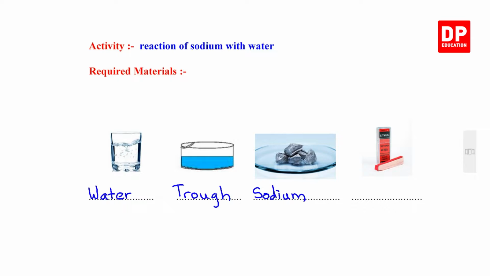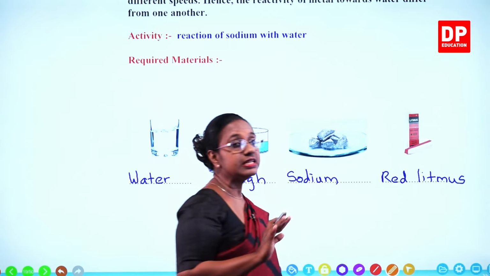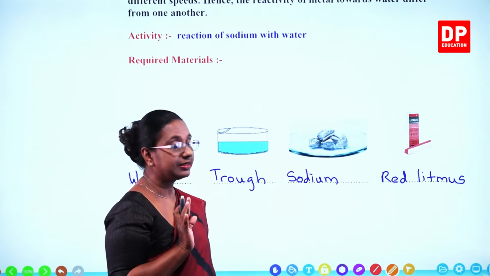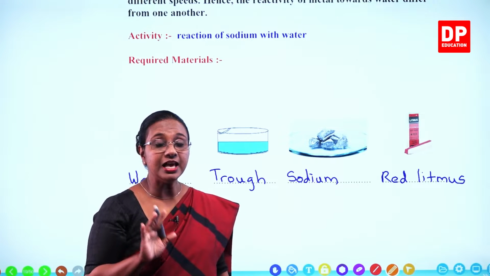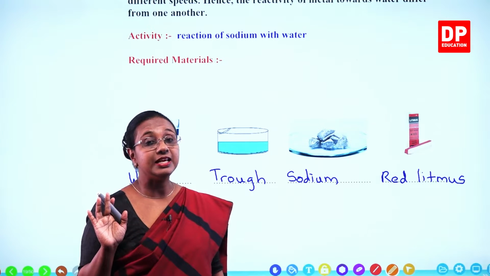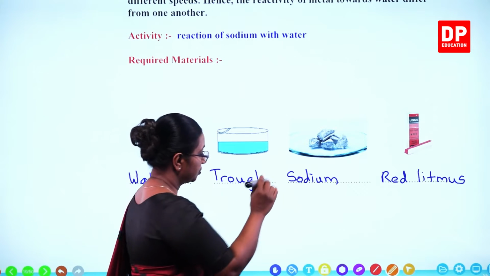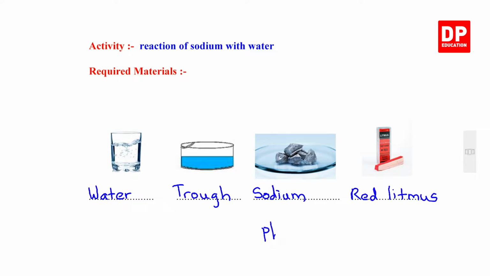and also we will need red litmus paper. In addition to that, in our activity, when I do the activity, I will be using the indicator phenolphthalein. So we need phenolphthalein indicator.